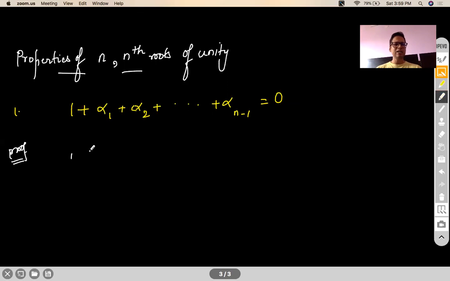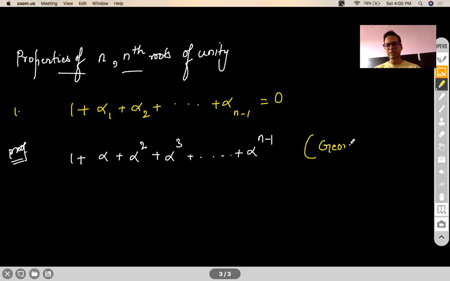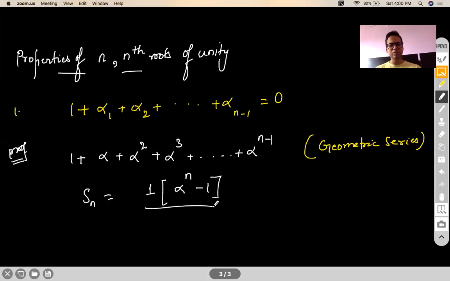If you start writing alpha 1 as alpha, alpha 2 as alpha square, alpha 3 as alpha cube, and so on till alpha to the power n minus 1, you know that it's a geometric series. So what is the sum of n terms of a geometric series? It is the common ratio to the power of n, n being the total number of terms, minus 1, by alpha minus 1.